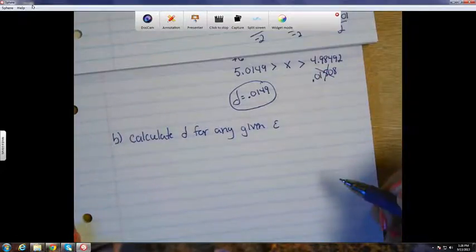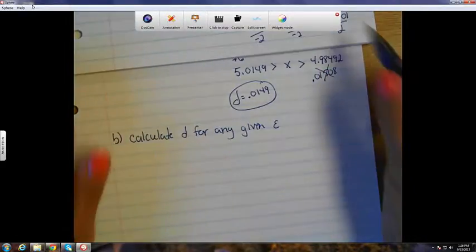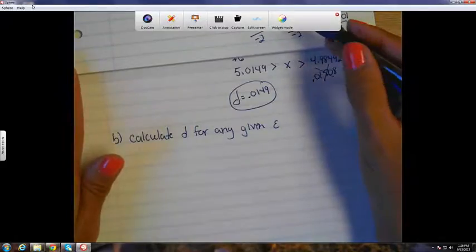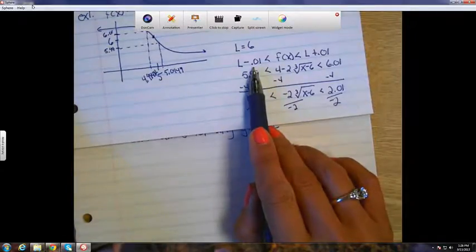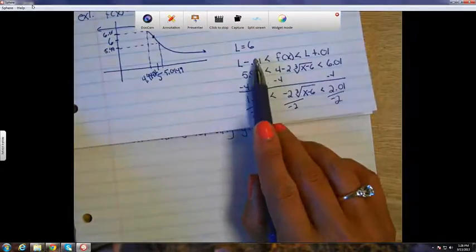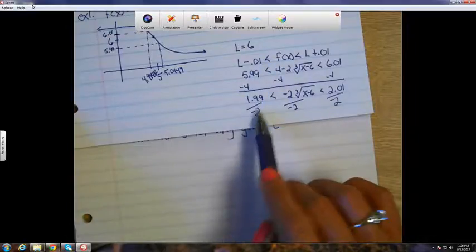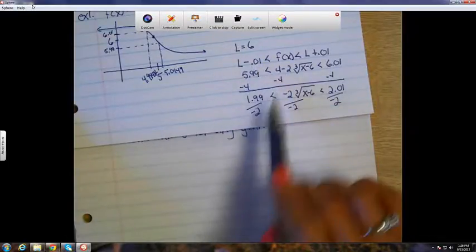Okay, so all we're going to do is redo this process that we did in A, where we were given an epsilon value of 0.01, but we're going to do it for any generic epsilon. So we're just going to carry the letter epsilon all the way through the problem. The same steps we did here, we're going to repeat again.